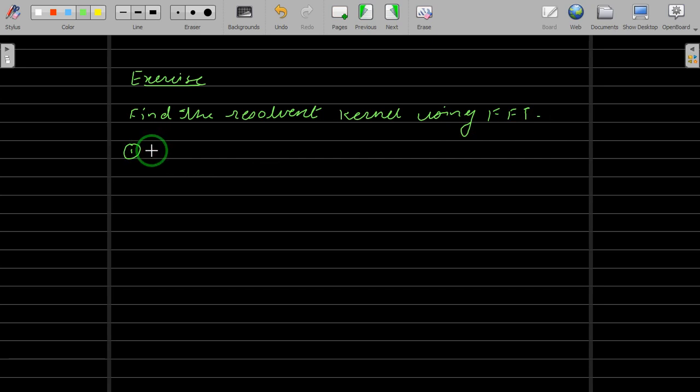Let me directly give you what is the kernel and the values of a and b. So k of x comma t is equal to 1 minus x t, and the values of a and b are random. This is not intervals, you can say the values of a and b. You can consider the intervals, no problem.